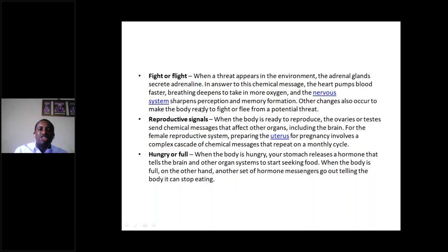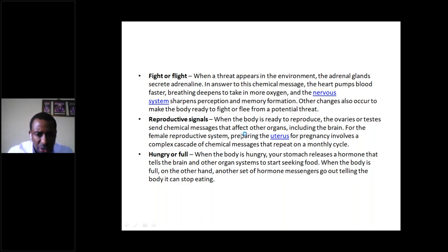Then the nervous system will now shape perception and memory formation to interpret and let you know, oh, this is actually what is happening. So when all these things happen, the body is now ready to fight or flee from a potential threat, depending on the information the nervous system communicates and depending on each individual's historical experience, from the messaging that has been stored in your brain and in your subconscious mind. So with those things, it interprets and determines the course of action the person takes.